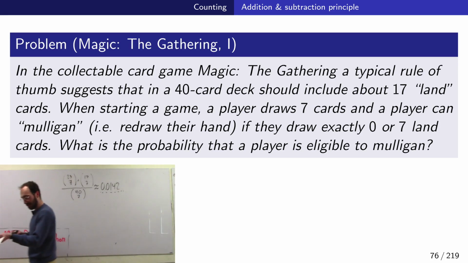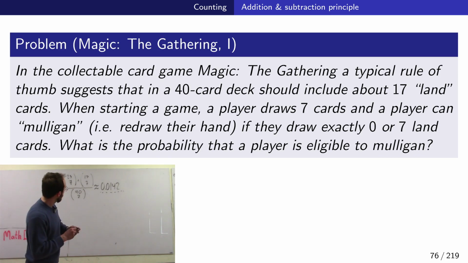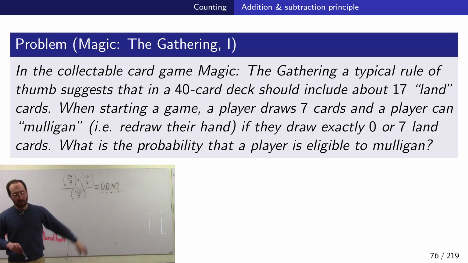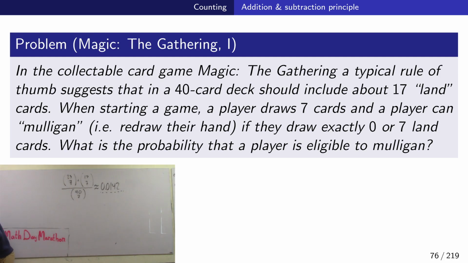And I'm going to end my time here, 2 minutes over, whatever, with just saying lastly that you can mulligan if you have less than that many lands in your hand. So your chance of mulliganing is actually 100% now.